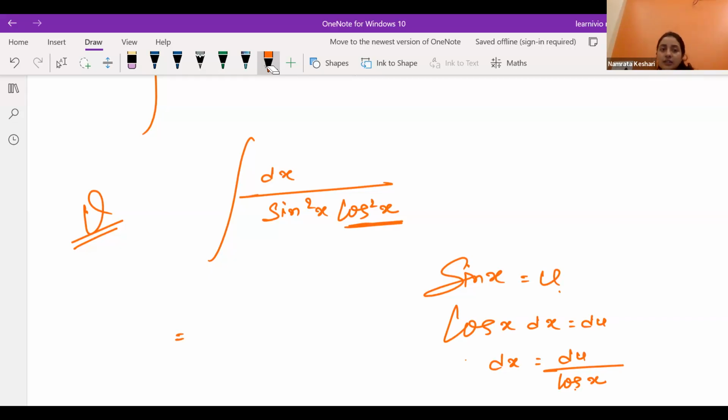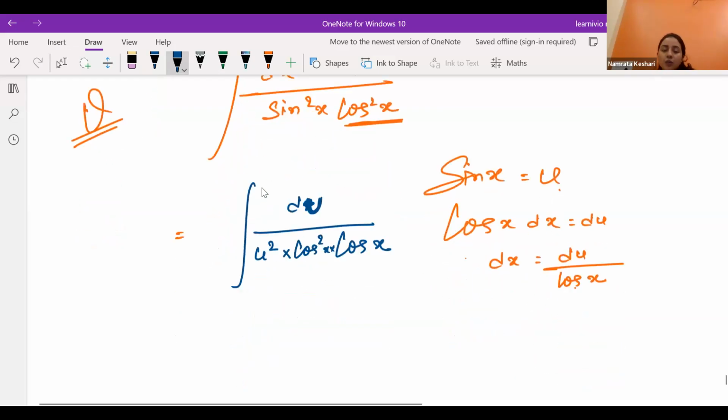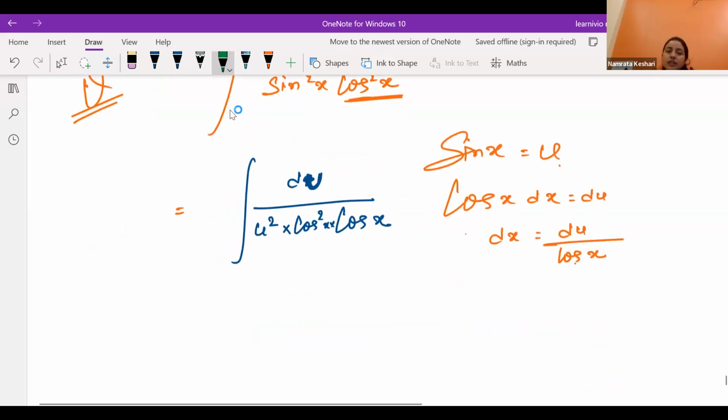Let's think about whether it will work or not. So we can write this dx as du by cos x. Sin x we write as u square, and cos square x as it is for now. Now, can we say that this is nothing but cos cube x in the denominator?